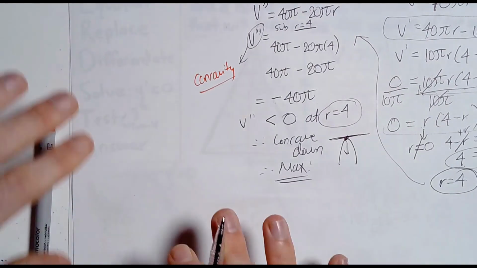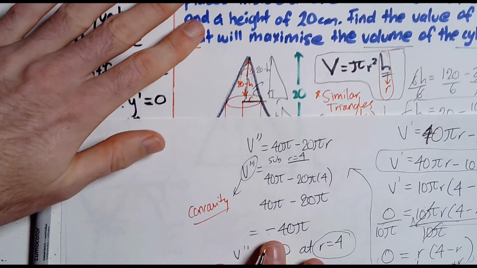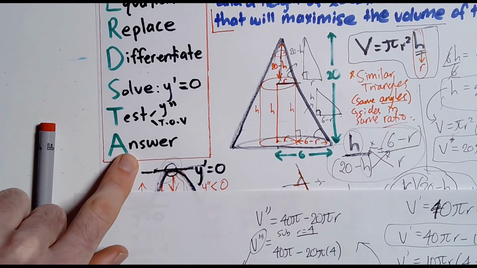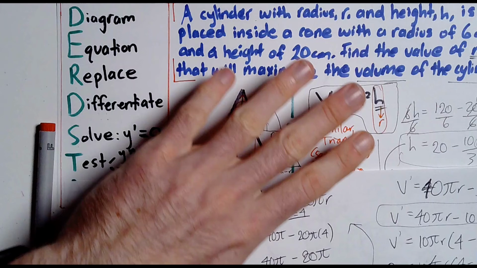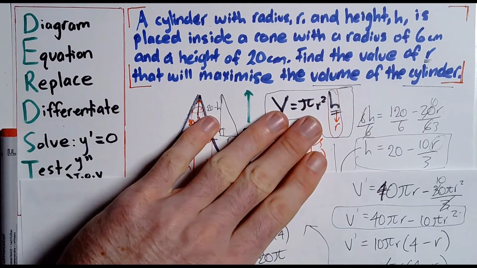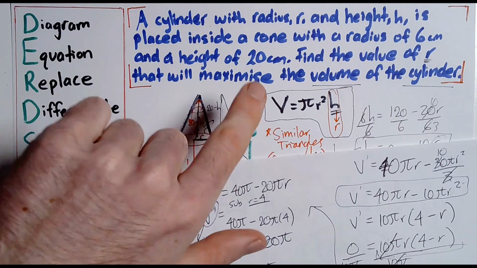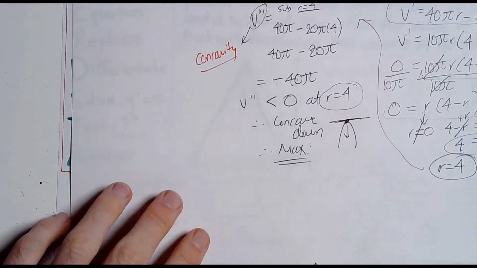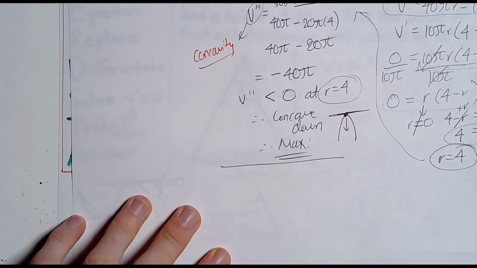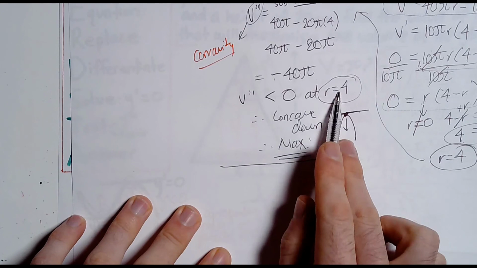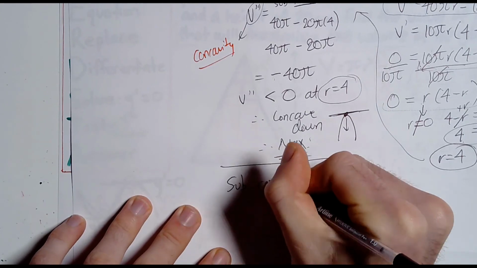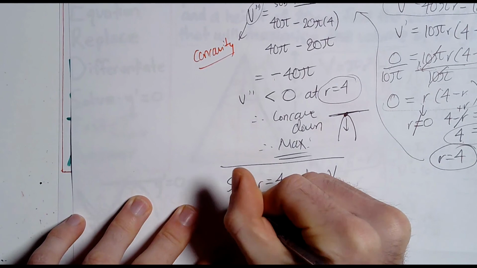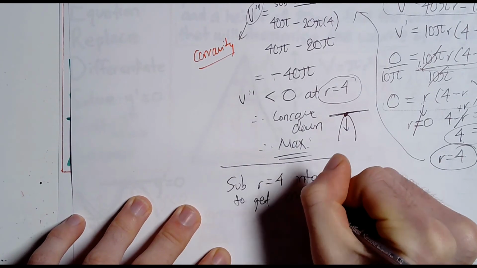The final thing you may have to do for a type of question, not for this particular question, is that the final answer might actually be the volume itself. So pay careful attention to what the question actually asks for. If you need to give the maximum volume, then the final step would be to substitute r equals 4 into V, the original volume, to give you the maximum volume.